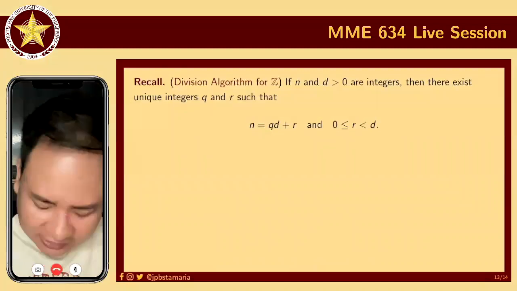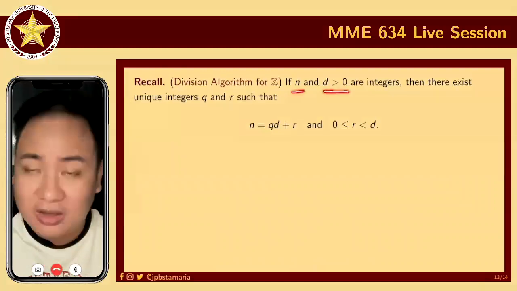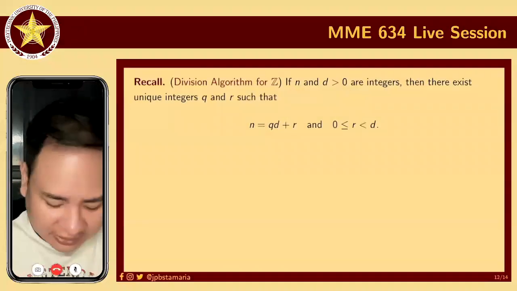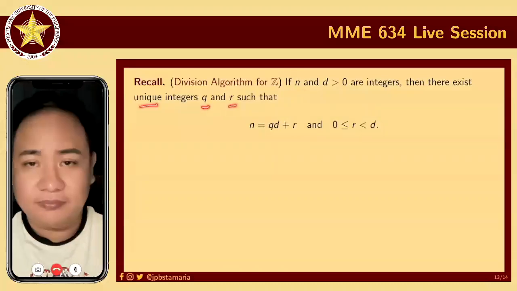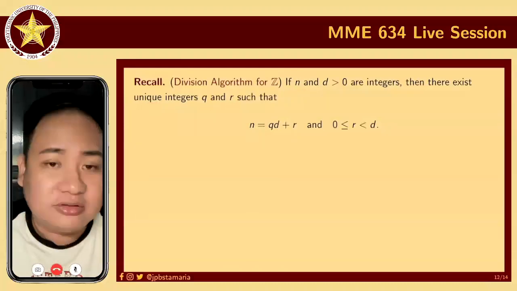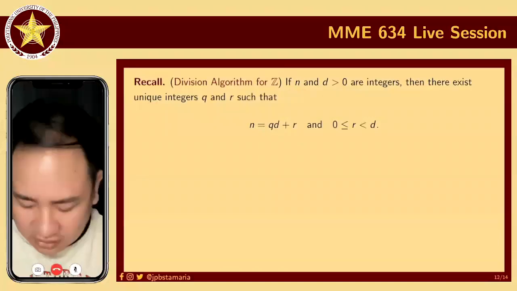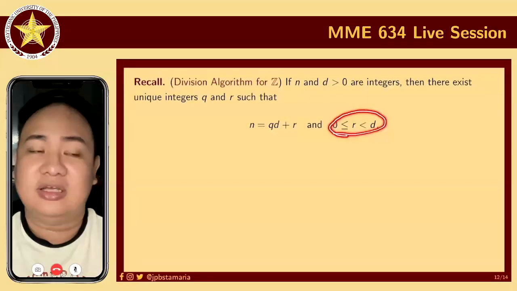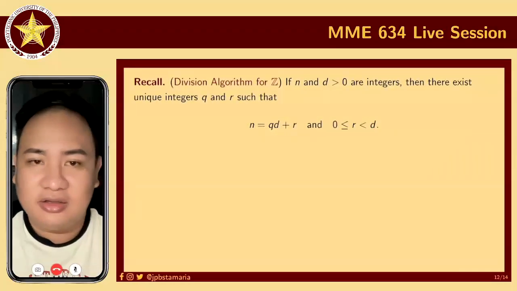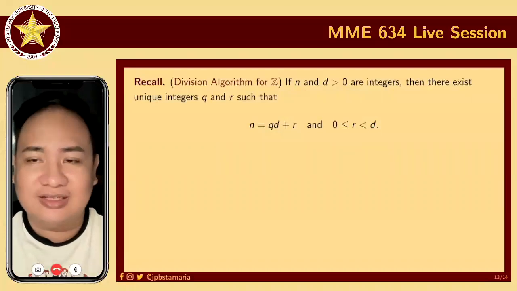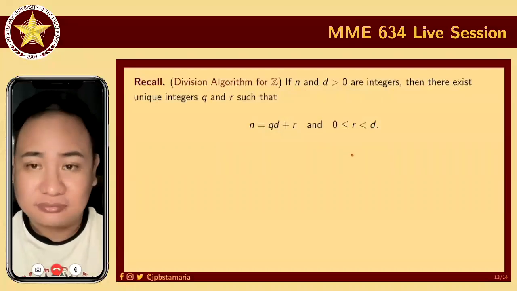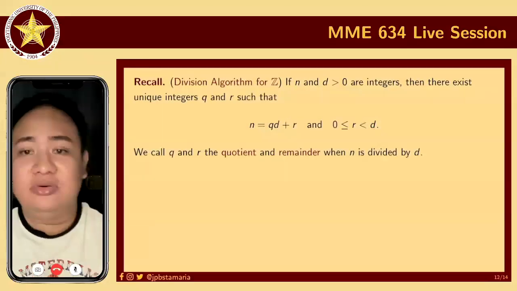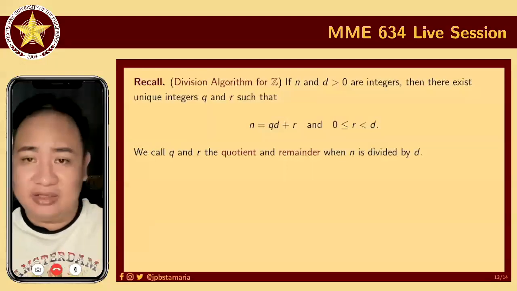If you have integers n and d, where d is positive, then according to the division algorithm for Z, you can find unique integers q and r, so that n is qd plus r. Where r, it's not just an integer, it satisfies this restriction. This r can only be greater than or equal to 0 but less than d. Did you understand? Ang tawag nga natin dun sa q at r na yan, yun yung quotient at remainder when n is divided by d.